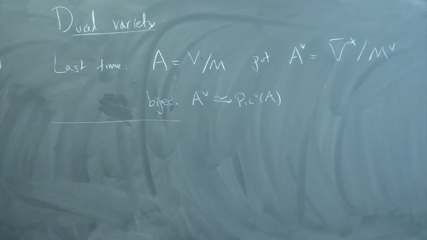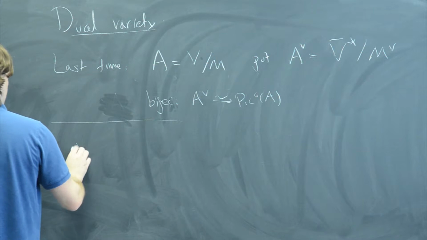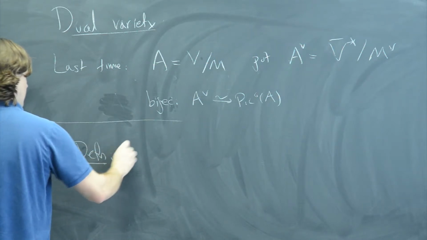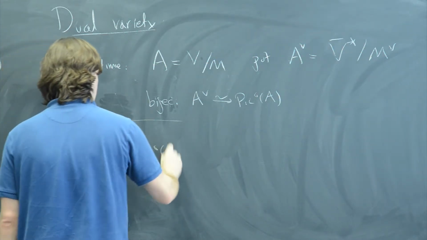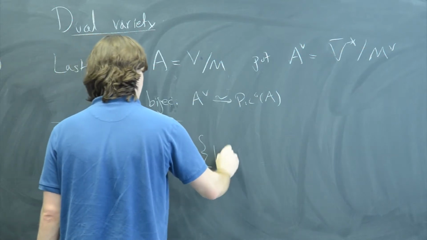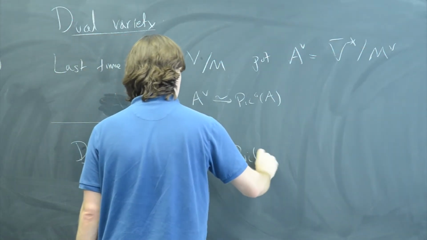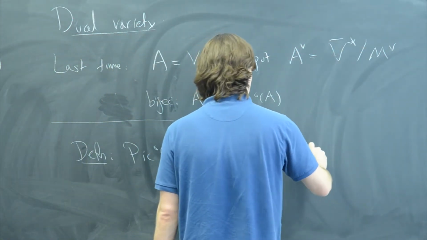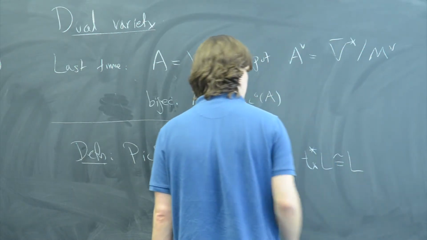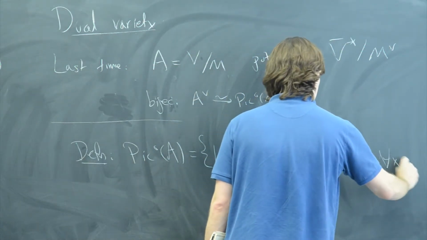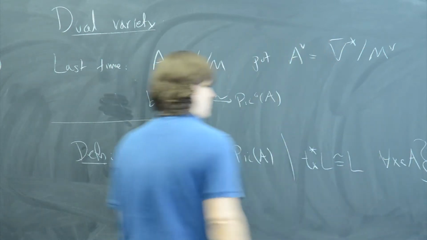So the sort of official definition is we're going to define Pic not to be the set of line bundles L in Pic A such that your pullbacks are isomorphic under translation.